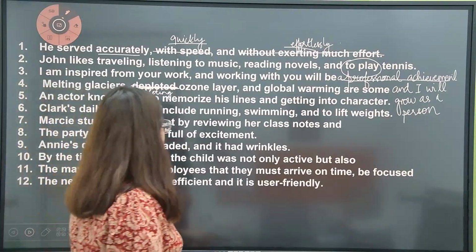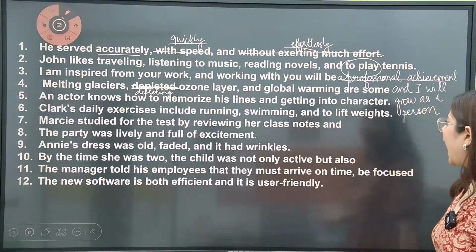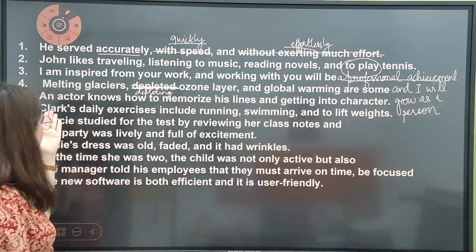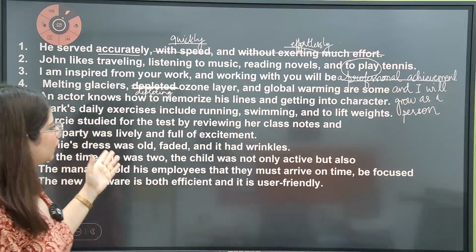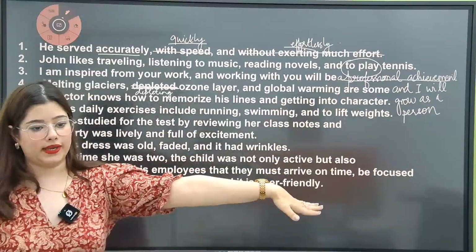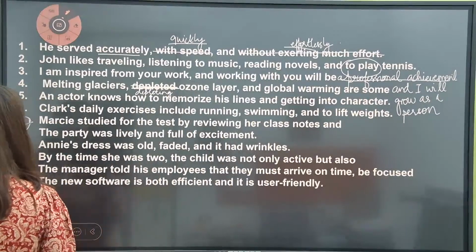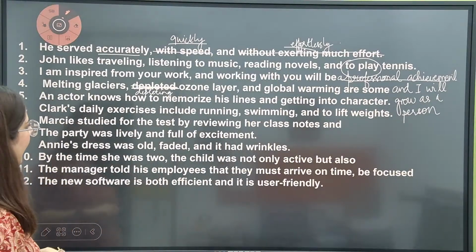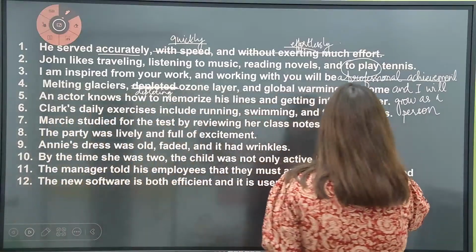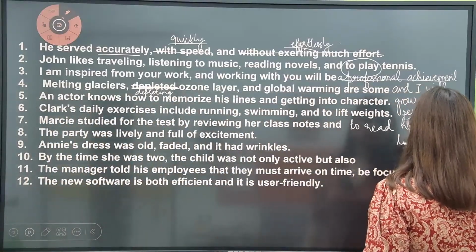Clark's daily exercises include running, swimming, and to lift weights. So I could say Clark's daily exercises include running, swimming, and lifting weights.